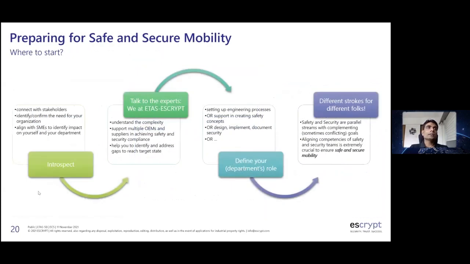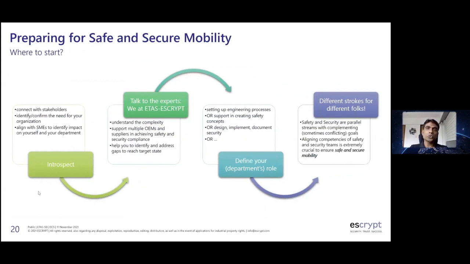Where to start? First is to introspect, try to figure out where your organization is with respect to safety and security development, and talk to experts. Escrypt has been providing this consultation to OEMs and tier ones for more than a decade now.